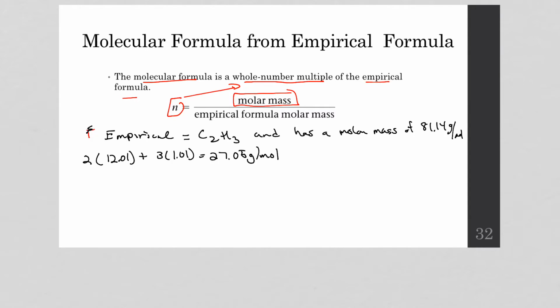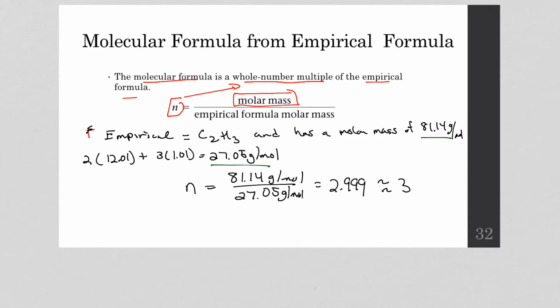So now I have my 2 key numbers, my molar mass and my empirical mass, and so I can calculate n. So n equals 81.14 grams per mole divided by 27.05 grams per mole. This equals 2.999, or approximately 3, right? So that's my n value, my multiplier.